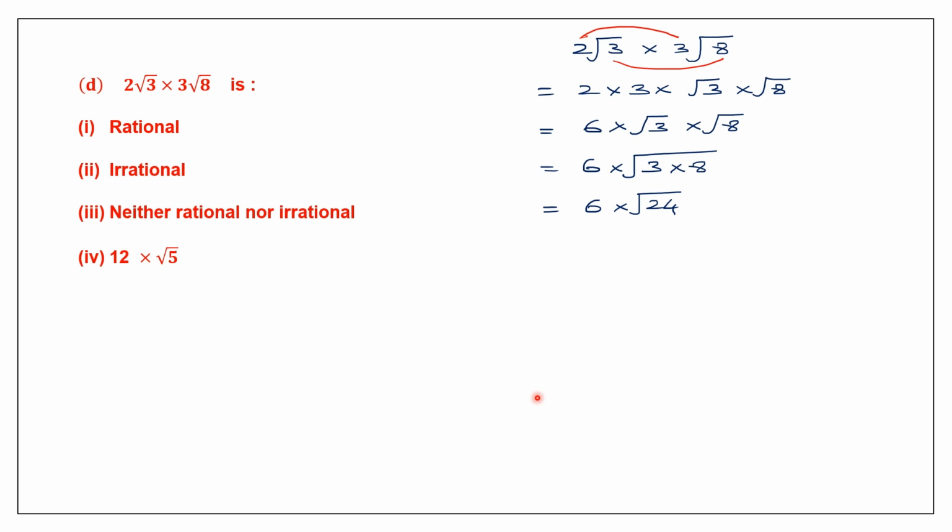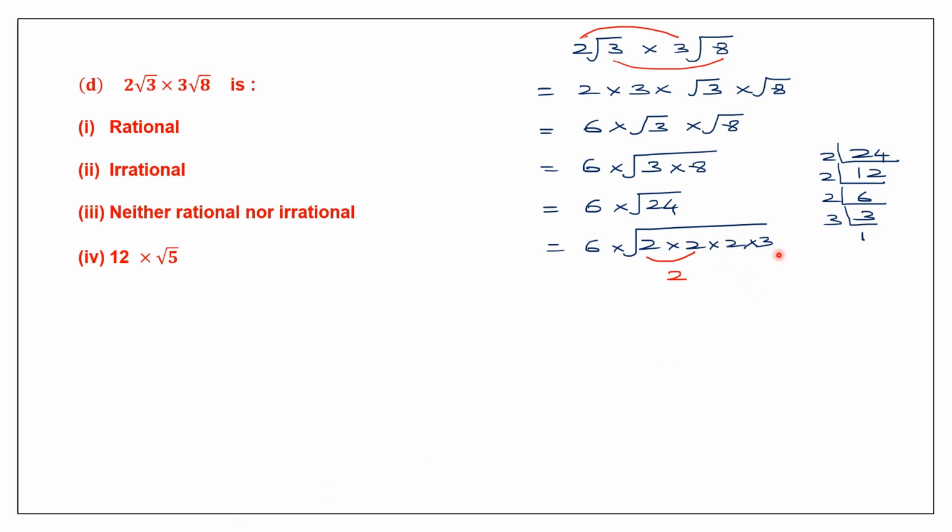Now let's try and get the prime factors of 24. Do it with 2. 2 12s are 24. 2 6s are 12. 2 3s are 6. 3 1s are 3. So this will be 6 into the factors, that is 2 into 2 into 2 into 3, and here we can pair this up and get one 2, whereas here they are different. 2 and 3 don't have pairs.